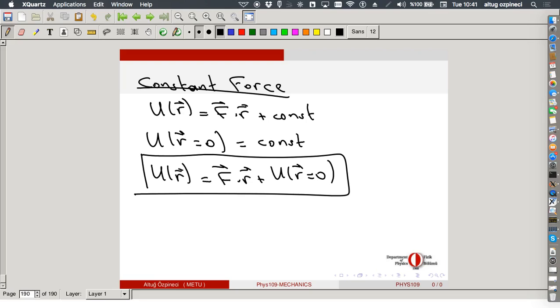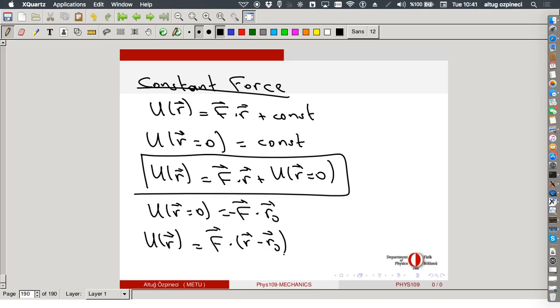You can fix it to be 0, or you can choose it to be equal to F dot R0, R0 being some arbitrary, different vector. In that case, U of R would be equal to F dot (R minus R0). R0 is again just an arbitrary vector. If you choose it this way, the potential at the point R0 will be 0.